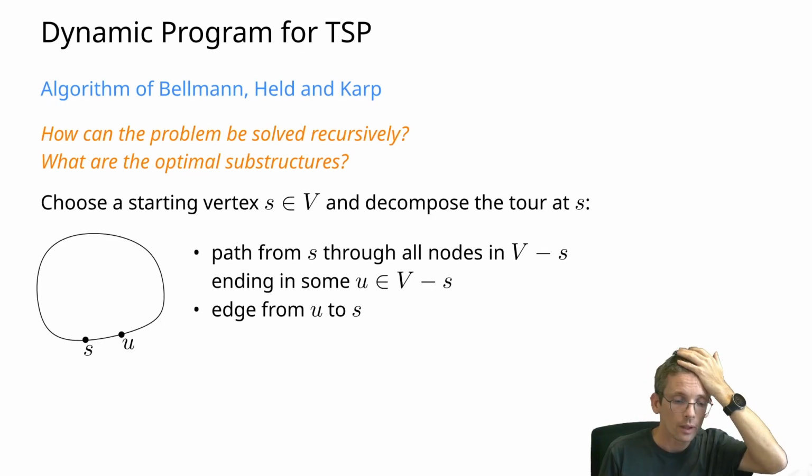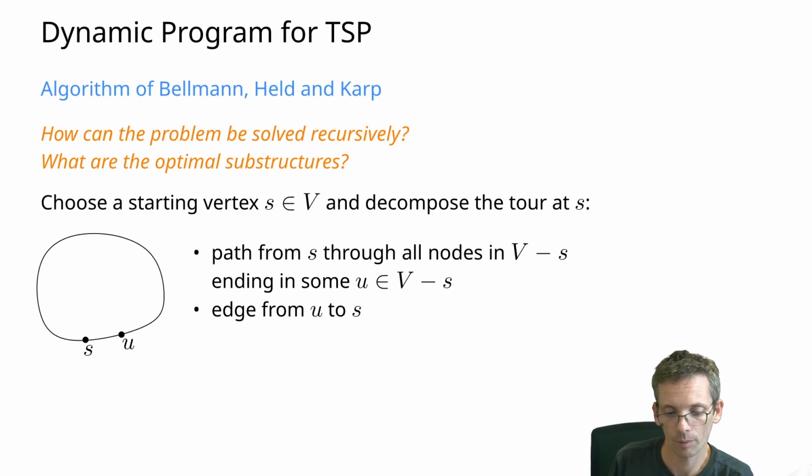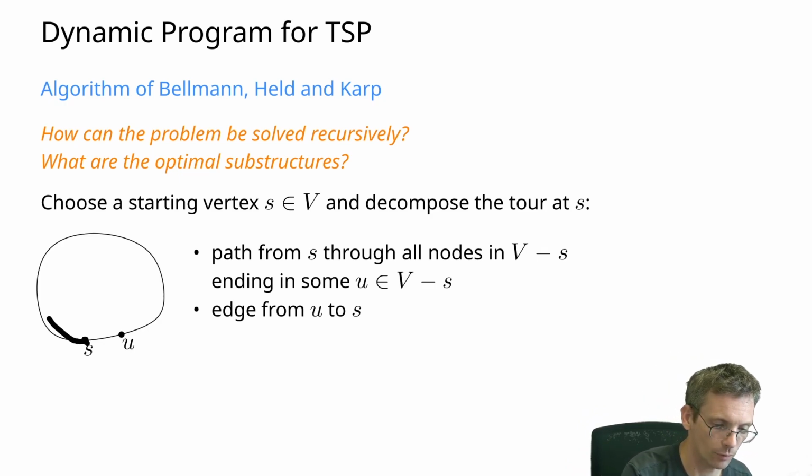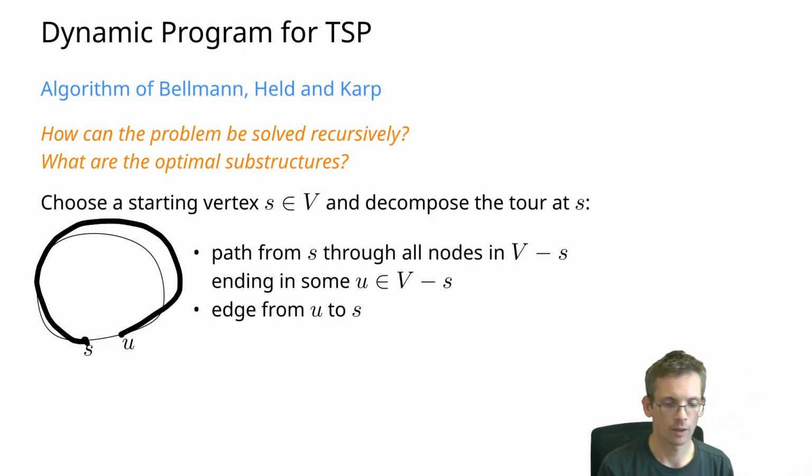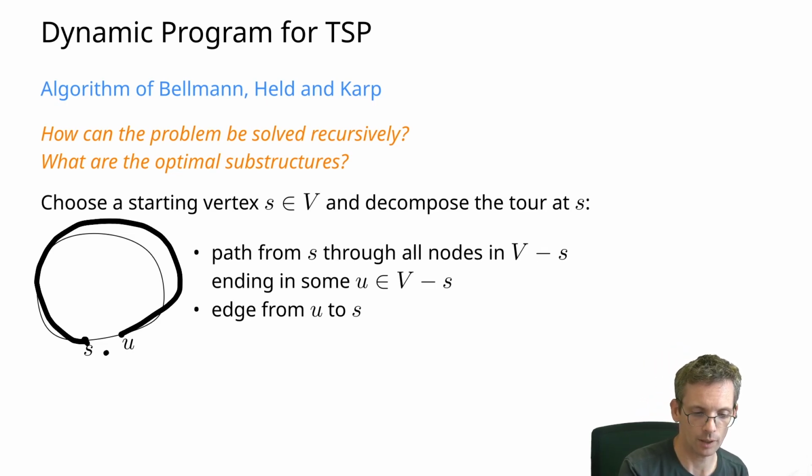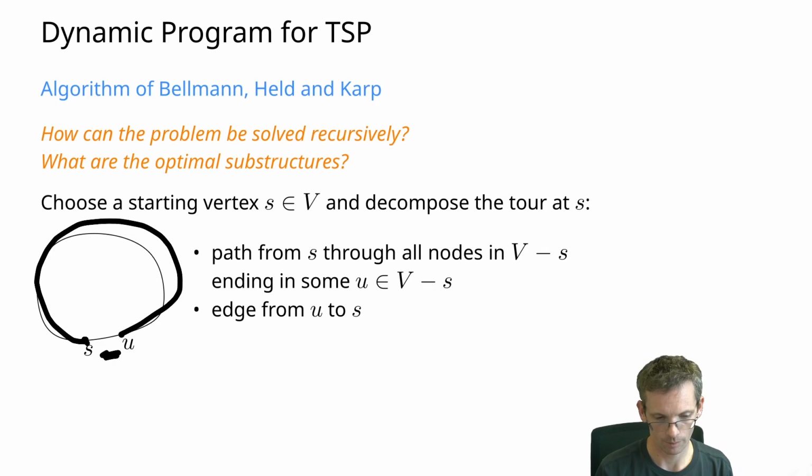Now we are looking for a path from S through all nodes of V without S, because S we already have. It will end in some vertex U. So I'm looking for a short path through all other vertices, and then if I can find such a path, I still need to get back to S.